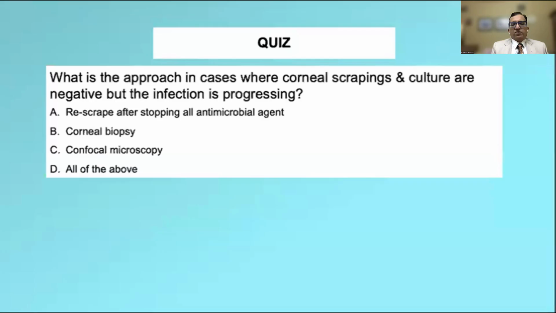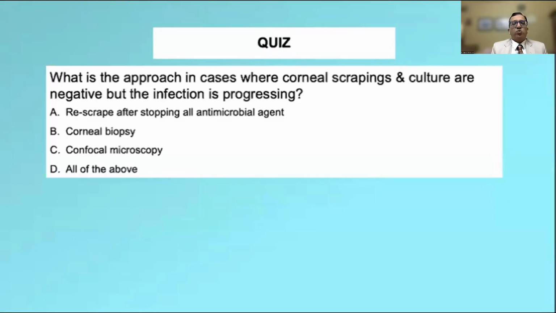69% of you have reported that we can resort to all of the above. 3% have voted for confocal, 15% for corneal biopsy, and 13% for a rescrape. So these are all the measures that you can do when you don't have a positive scrape. You need to give an antimicrobial agent holiday, stop the drugs for 24 hours, continue the patient on atropine, and again do the rescrape.